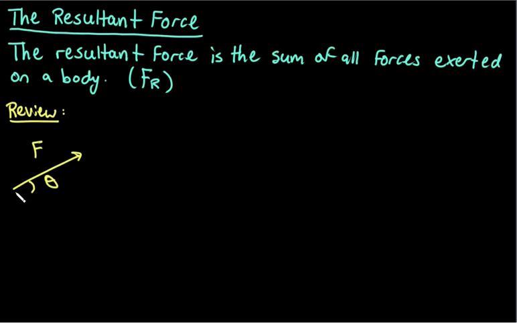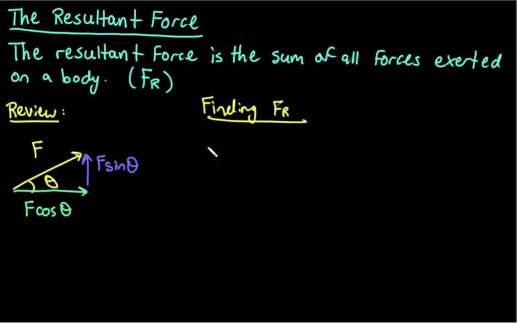So our horizontal component is our force times the cosine of theta, and our vertical component is force times the sine of theta. Now, when it comes to finding your FR, the first step is to break up all your forces into the x and y components.